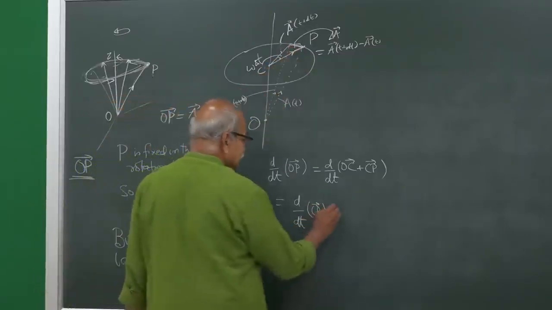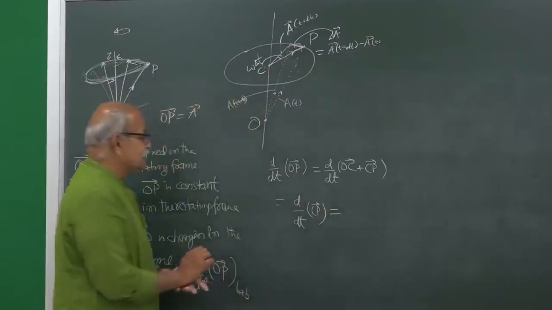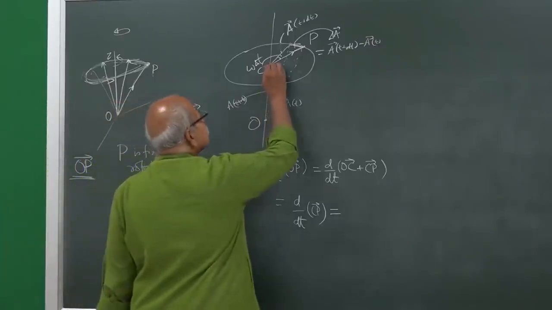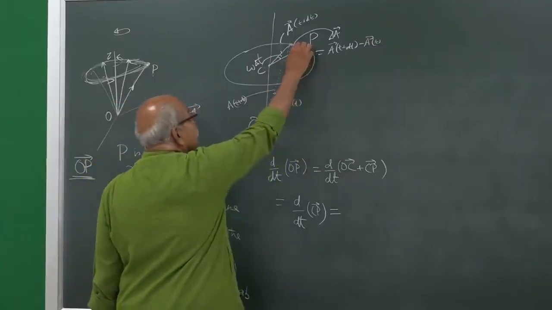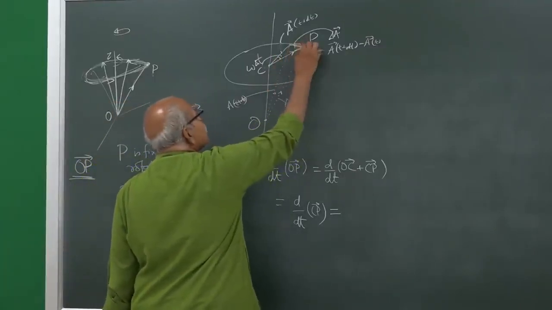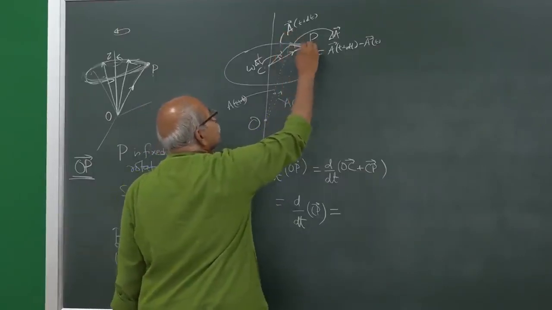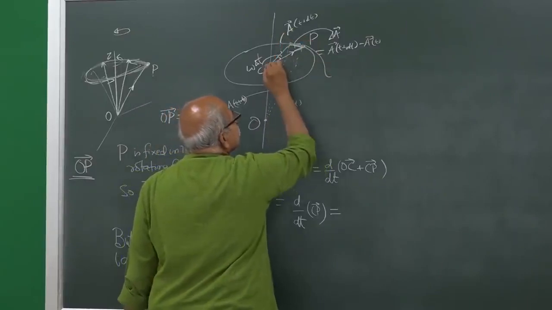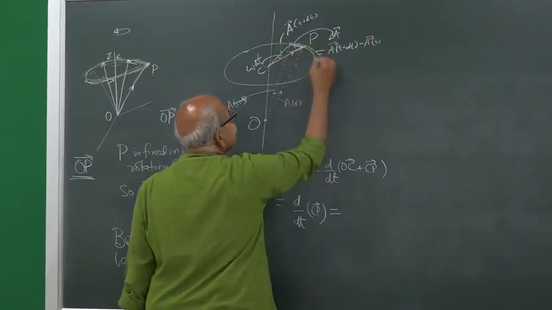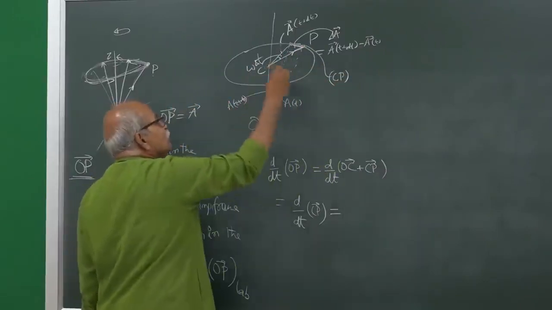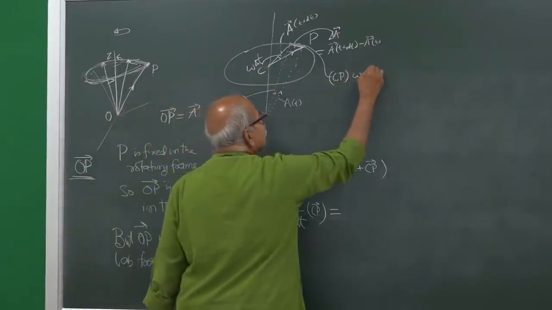Now, how much is this? This is CP, and the d/dt of it is this one. The magnitude will be this length here, CP, which is fixed, times omega times delta t.